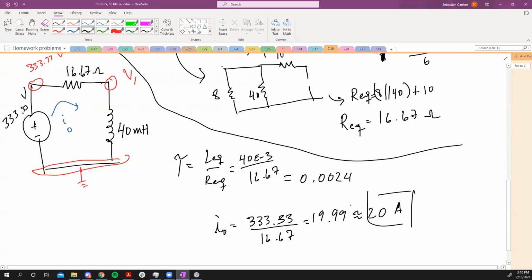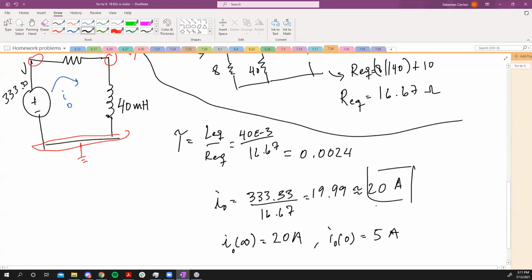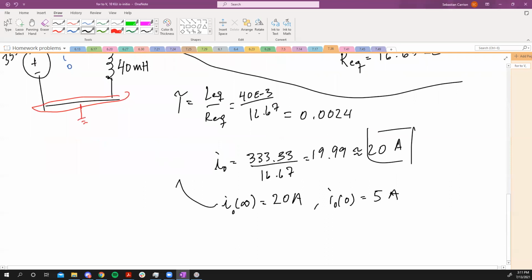But anyways, so you know that I naught at time infinity is 20 amps, right? And you know that I naught at 0 is equal to 5 amps. So off this, we're able to formulate an equation for I naught.